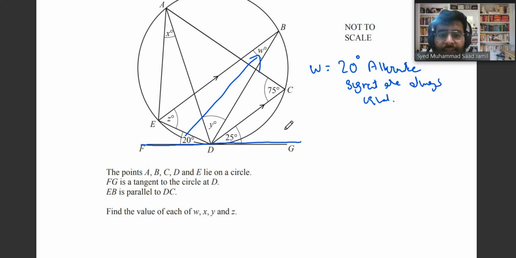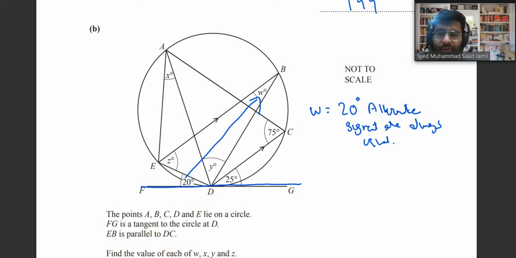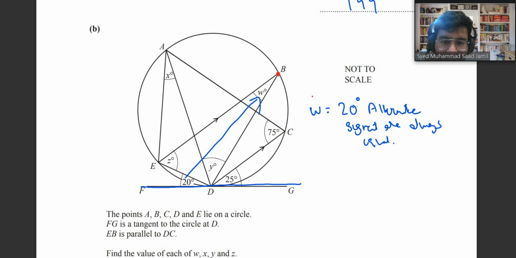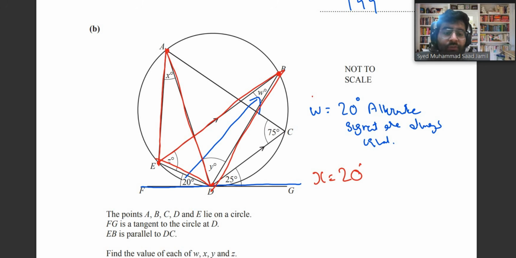Now we have to find X. Where is X? X is over here. Now if you look at the question, do you agree that this angle B is coming from ED and the angle A is also coming from ED? Alright, this and this, which means that angle X is also equal to 20 degrees.